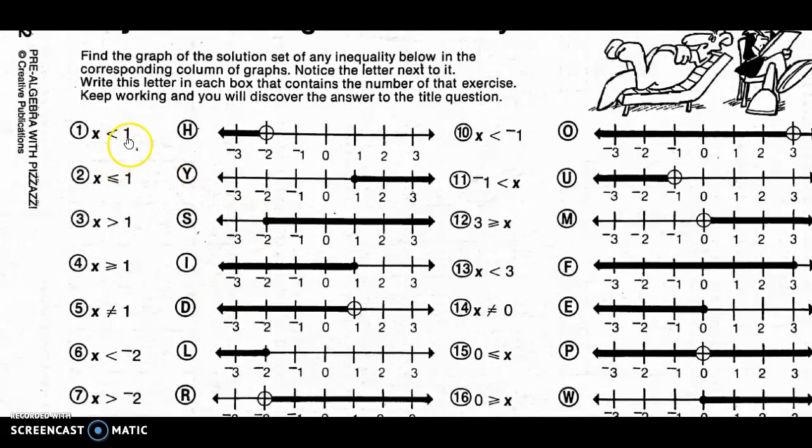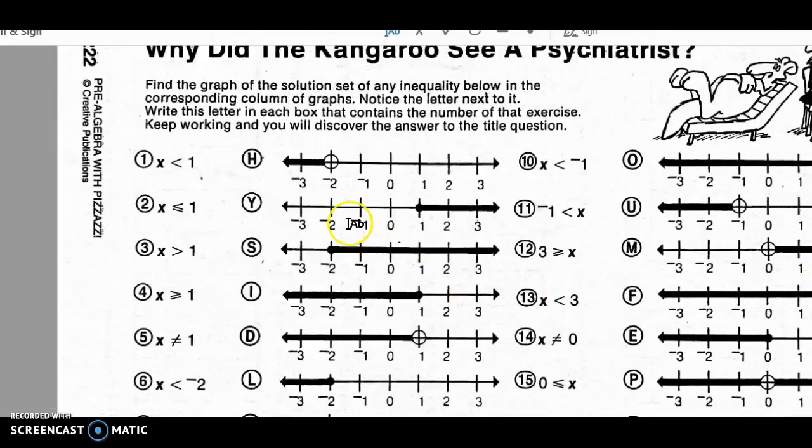Okay, so this one is something that we've done in the past. So we have x is less than 1, and then we have all these things here, right? So what we're going to do is write x, and then we're going to have what number our dot is on, right?